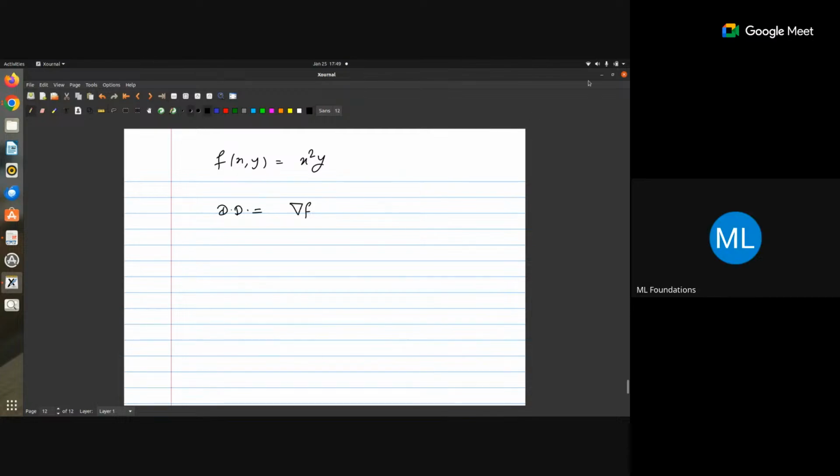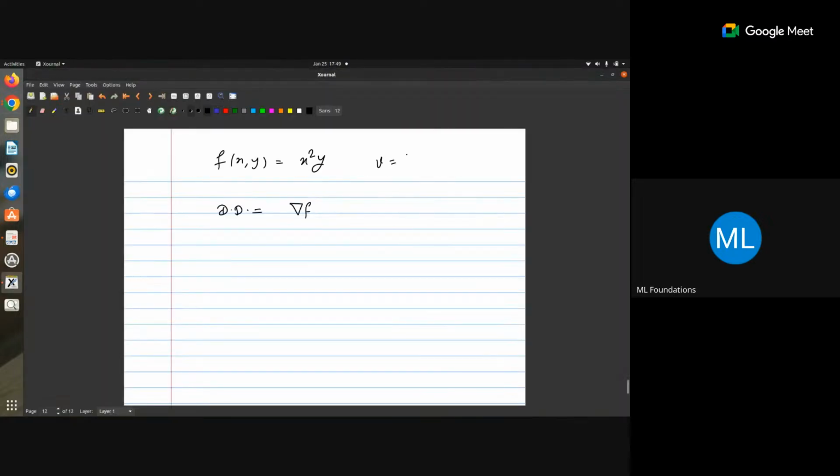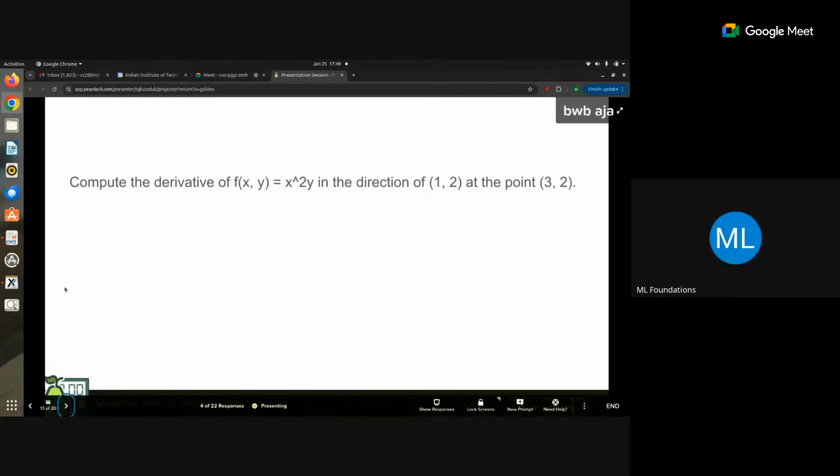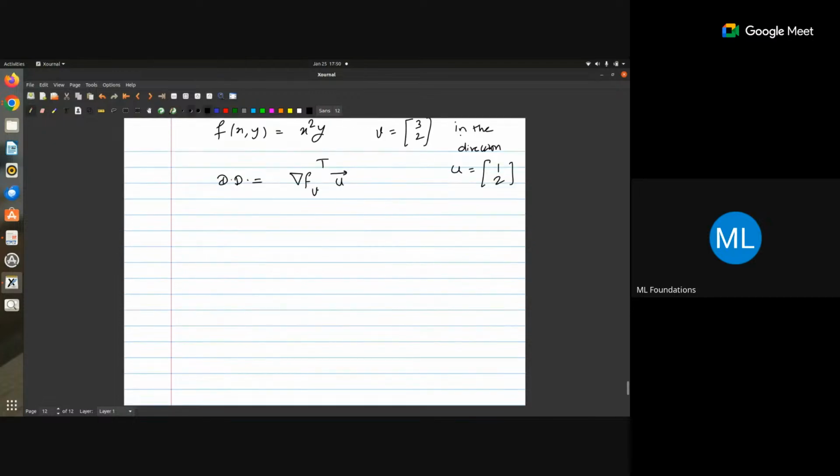Let's say the point is v = (3, 2), and the direction is (1, 2). Basically, u is in this direction. We have to take the unit direction.